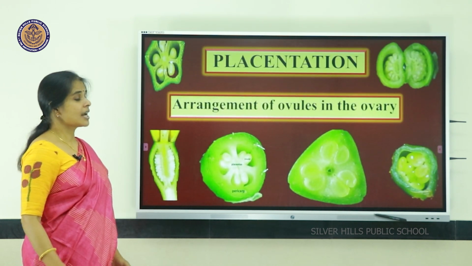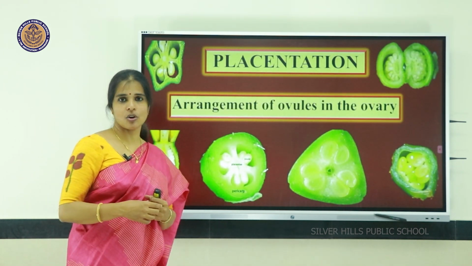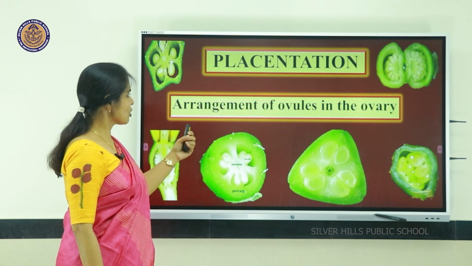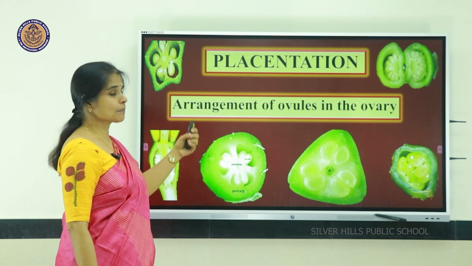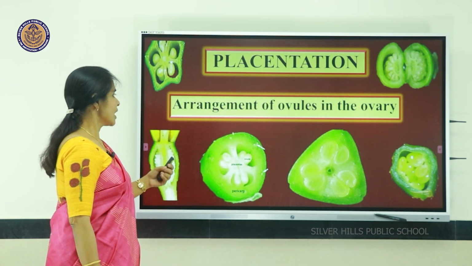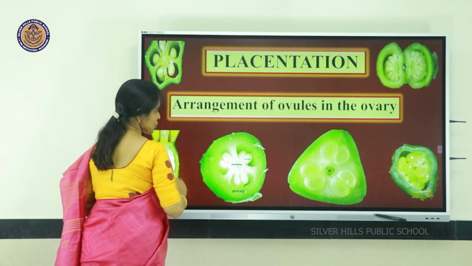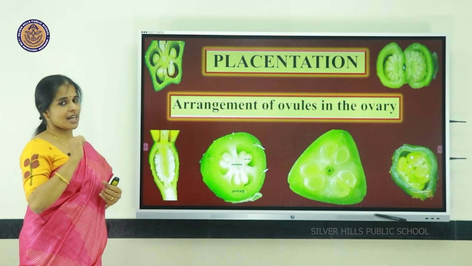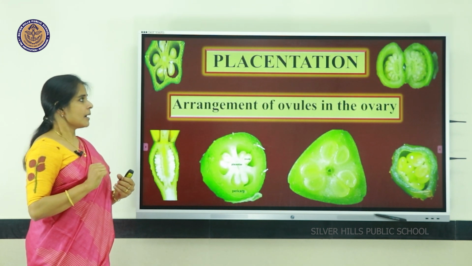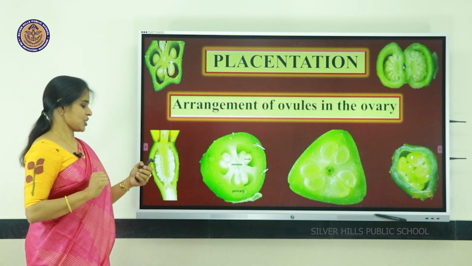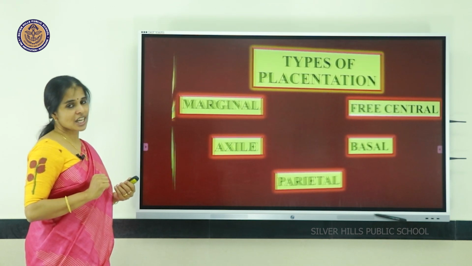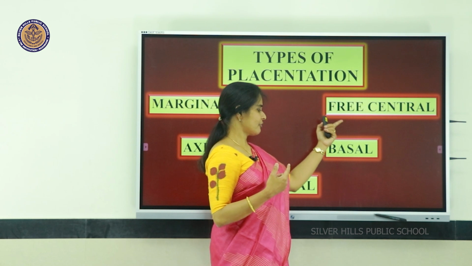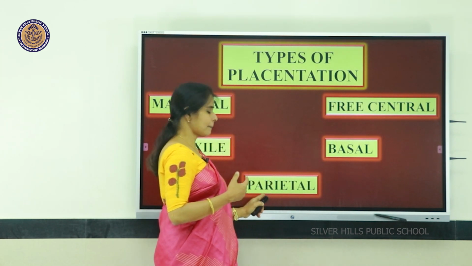Next is the arrangement of ovules in the ovary. How are the ovules arranged in an ovary? The arrangement of ovules in an ovary we call placentation. There are different ways the ovules are arranged inside the ovary. How the ovules are arranged on a placenta is known as placentation. Placentation is of different types: marginal, axile, free central, basal, parietal.